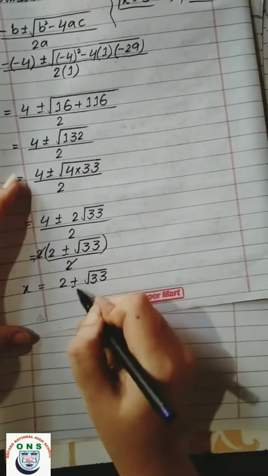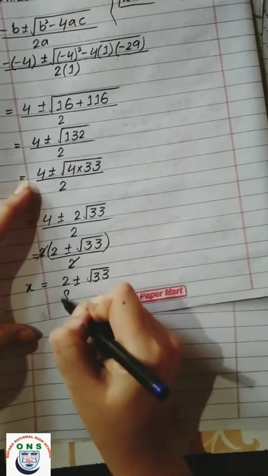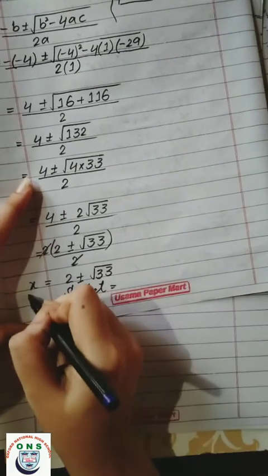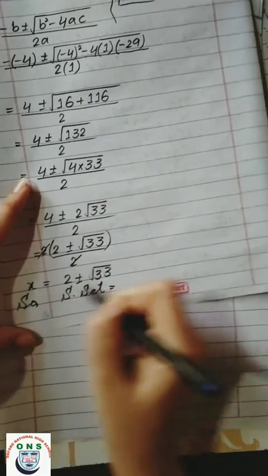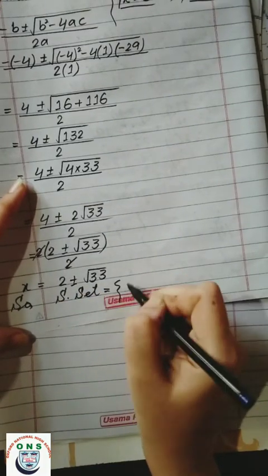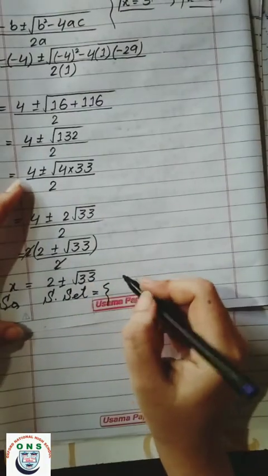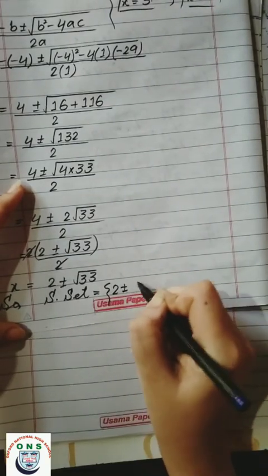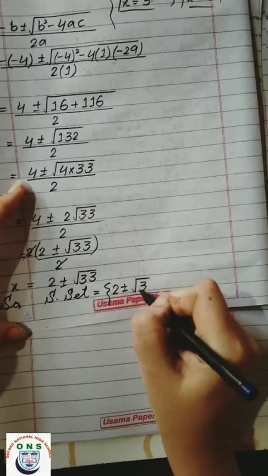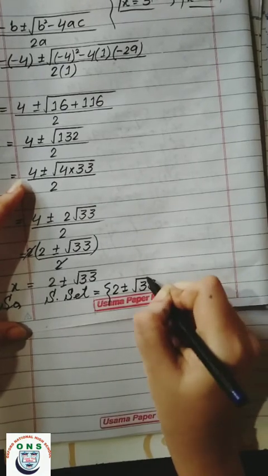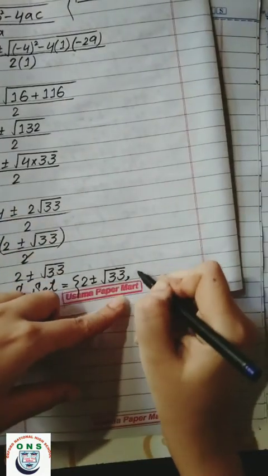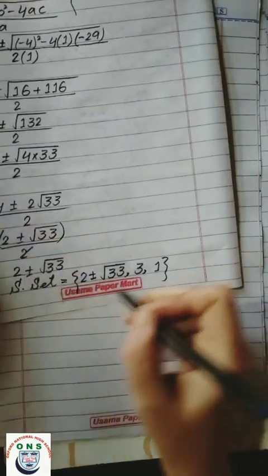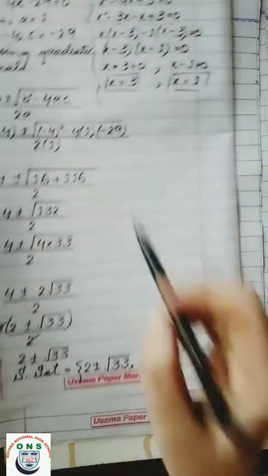Okay, now the solutions. First of all, we will write this one, 2 plus minus square root 33, and 3 and 1, because these all are x values, as 3 and 1.